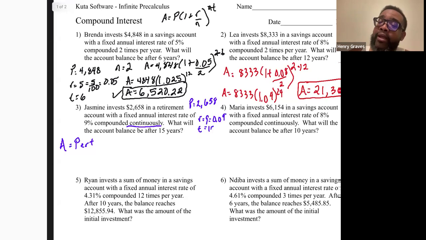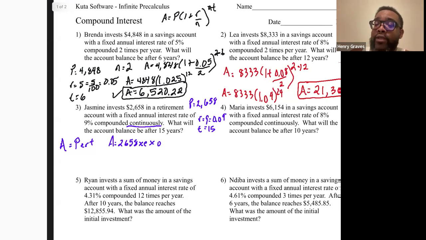So A is going to be 2658 times E, whatever E is, times the rate, which is 0.09, times 15.